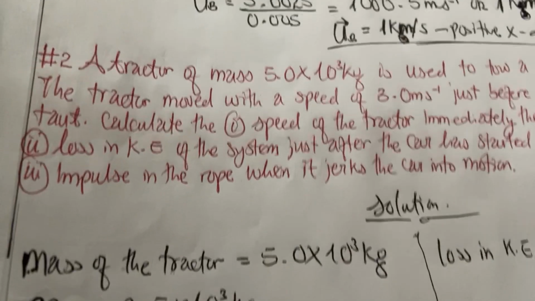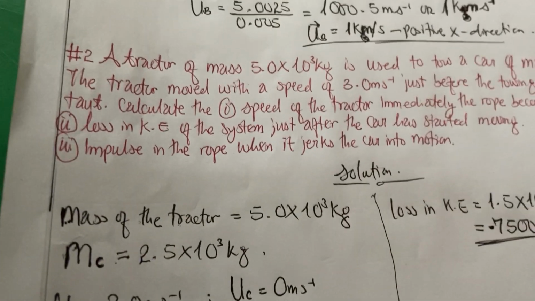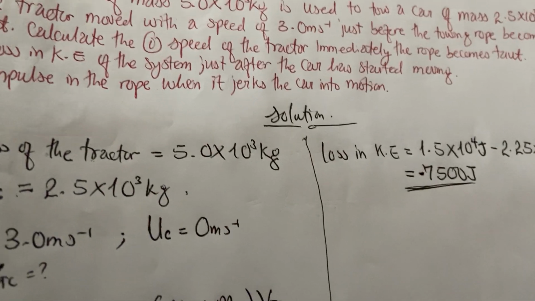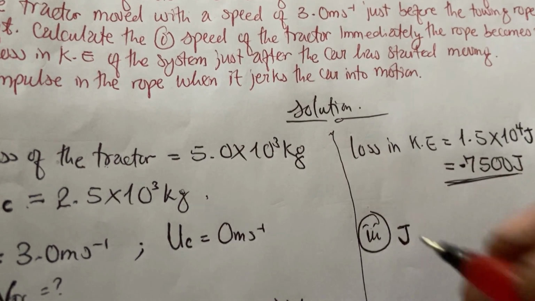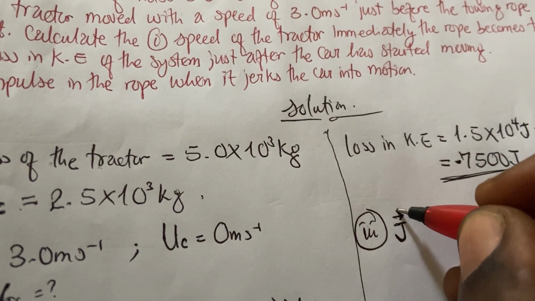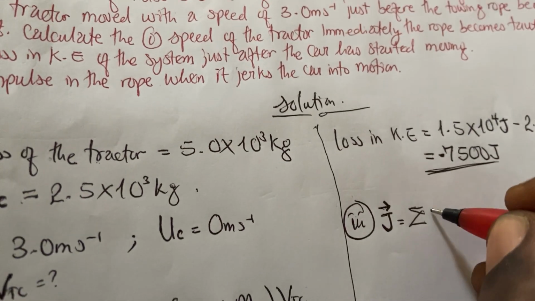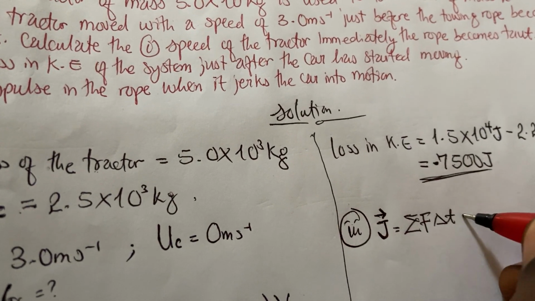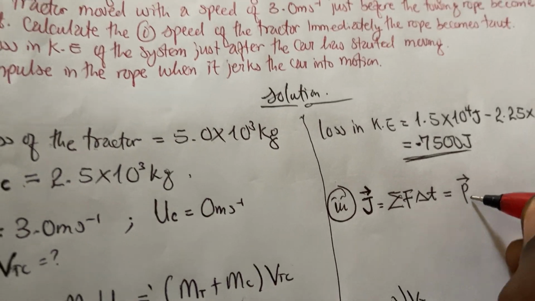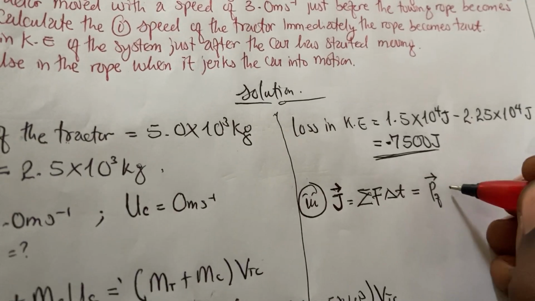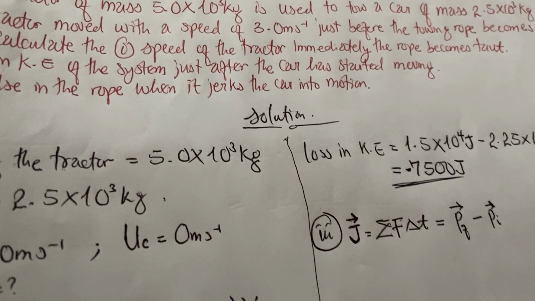All right, let's solve the last question. We are to find the impulse in the rope when it jerks the car into motion. Now, what is impulse? From what we discussed, this is not joules. Impulse is equal to the summation of force times change in t, and we said it is also the change in momentum, that is the final momentum minus the initial momentum.